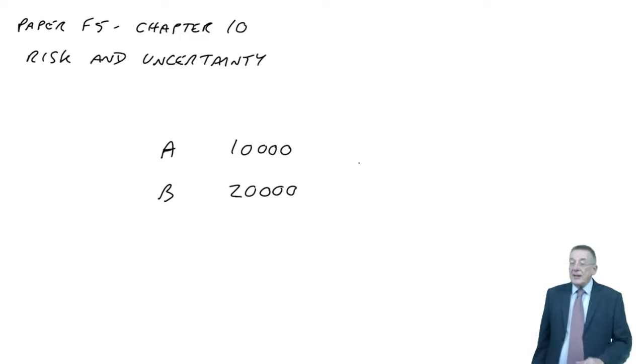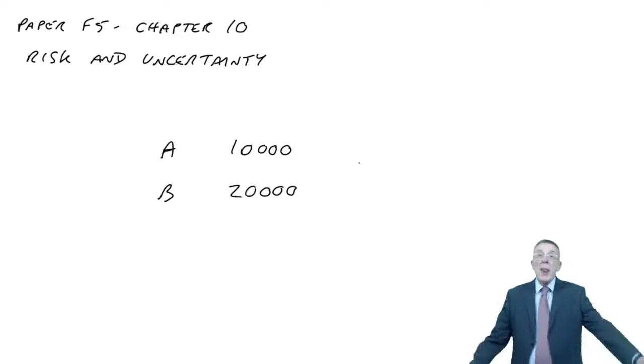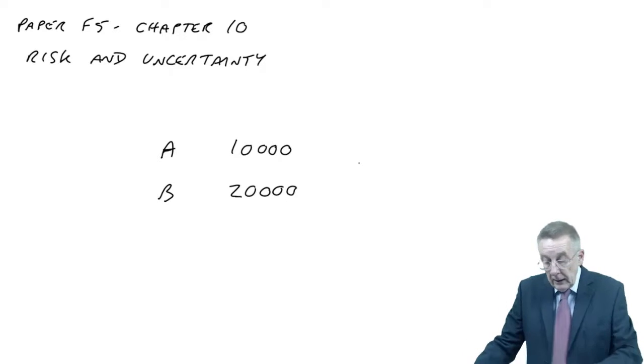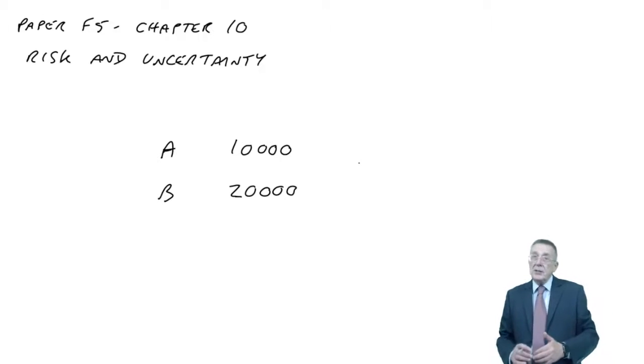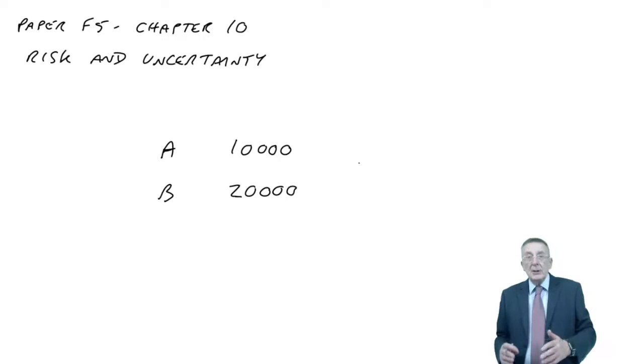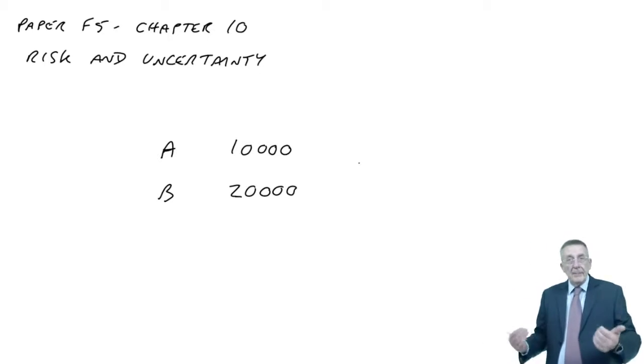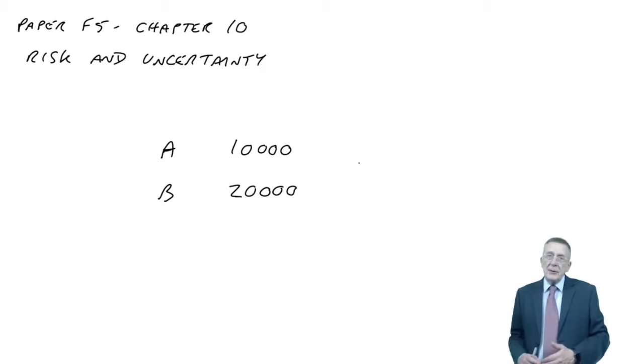However, suppose I said this. Suppose I said, okay, this new product, there are these 2 machines we could choose. But when we came to look at the estimates of the profits we'd make, it depends on how successful this new product is.